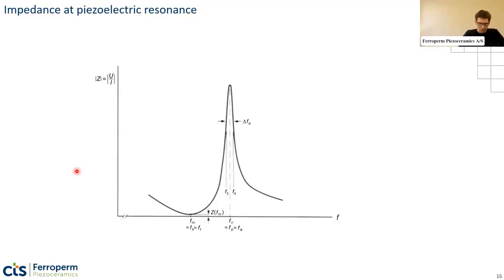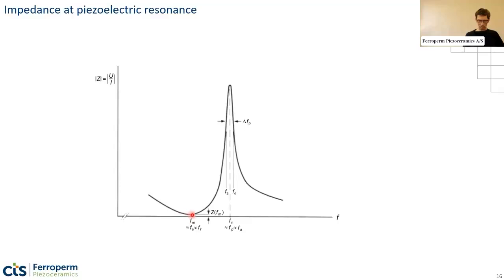This is what some of you have already seen, I'm sure. It's a piezoelectric resonance seen in a very specific measurement called the impedance spectrum. If you plot the frequency on the x-axis and the electric impedance on the y-axis, actually the absolute impedance, then a resonance that I talked about before will be very characteristic.